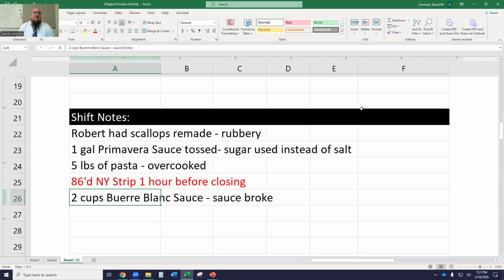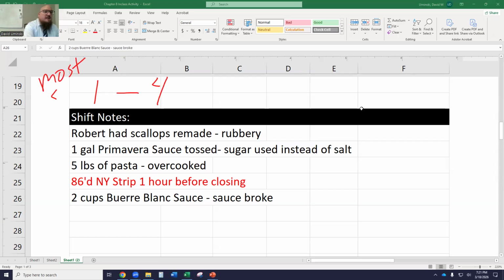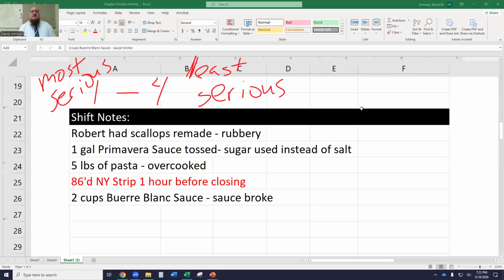So what I would like you to do is take a moment, think about this. I would like you to rate from 1 to 4, 1 being the most serious, and 4 being the least serious. So it's still serious. We still need to go ahead and address it, but it's maybe not as important as number 1. So go ahead and rank these in your notes, 1 through 4.